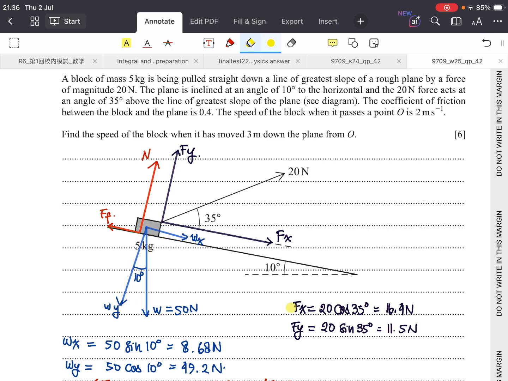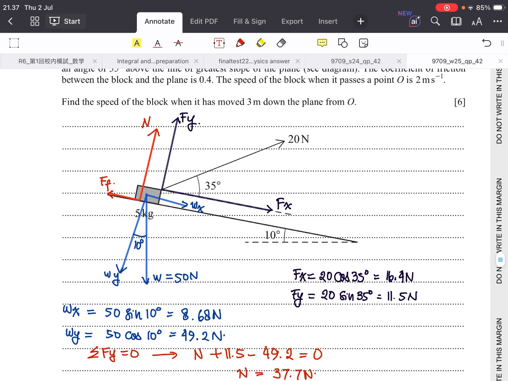For Fx, the formula is F cos 35 degrees, because Fx becomes the adjacent side. So Fx is 16.4 newtons. While Fy, we can find it using F times sine 35 degrees. So Fy is 11.5 newtons.